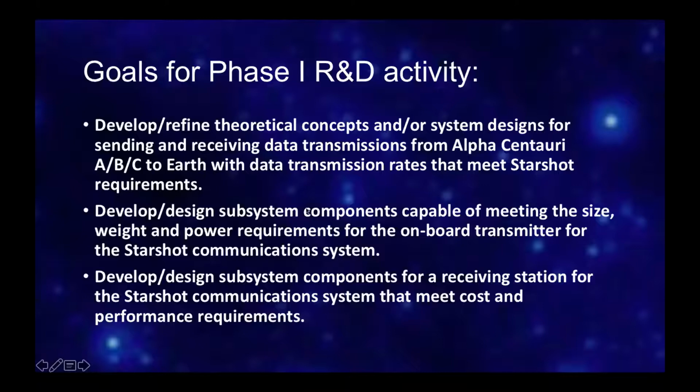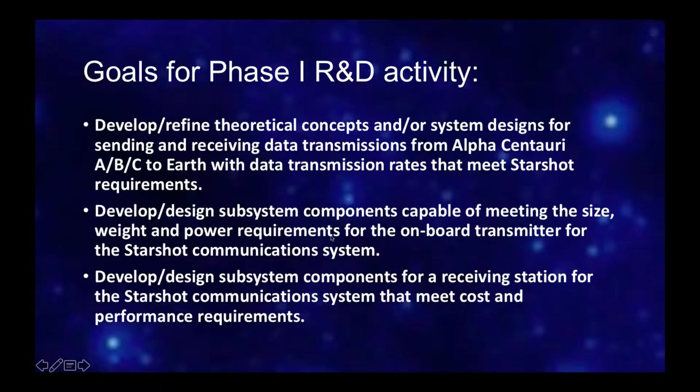The second goal was, if you said, okay, I'm going to just consider a certain type of system, like an optical comm system or a radio comm system, then do some study where you move forward or design some subsystem components that are capable of meeting the size, weight, and power requirements.